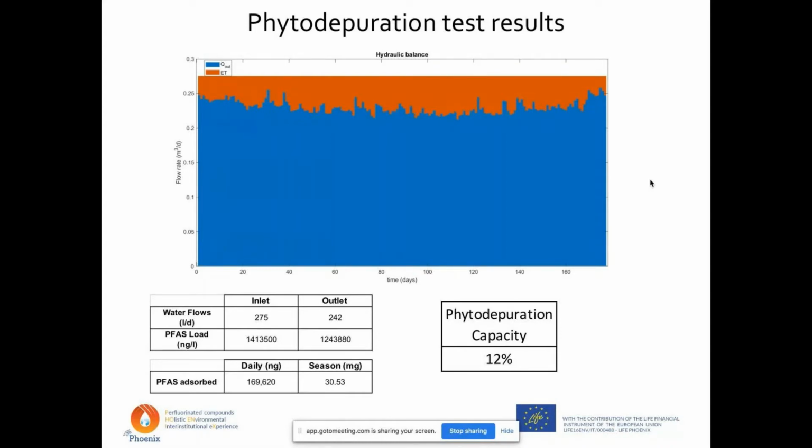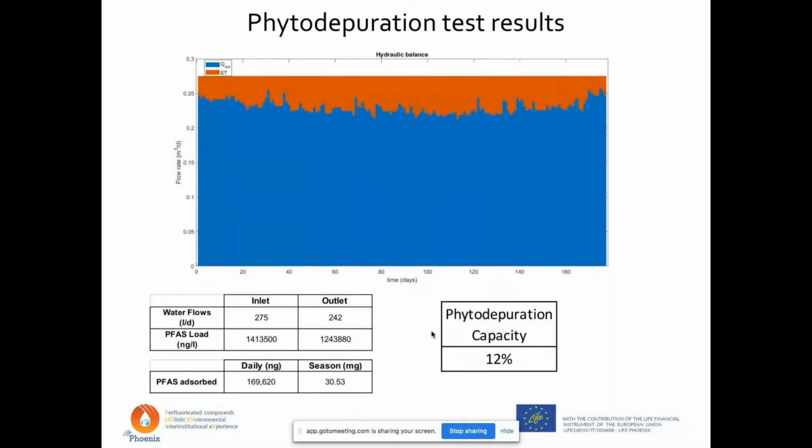You can see in the first part of the table there was a volume loss regarding the water that flows outside. This is obvious, because it means that the plant did its job. We performed a test for 180 days during the growing season of the common reed.